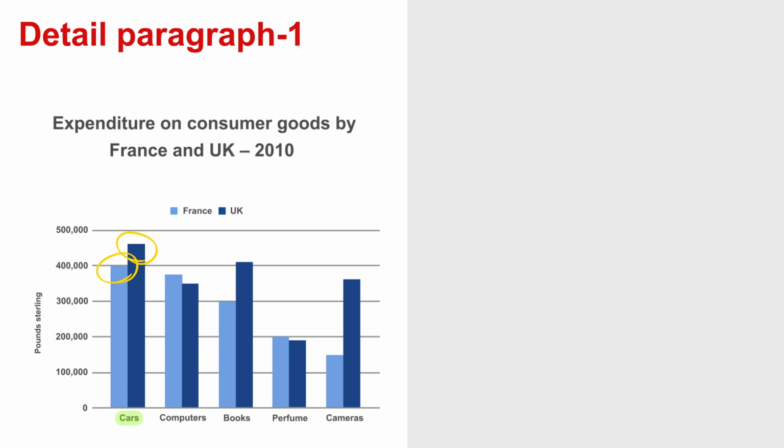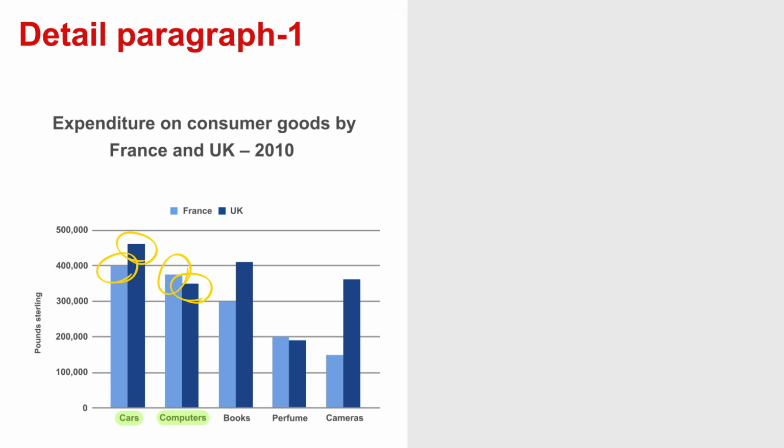And for France, the spending on, let's say, computers was around 380,000 pounds, while for England, that was lower, around 300,000 pounds. All right? So this is my third paragraph.